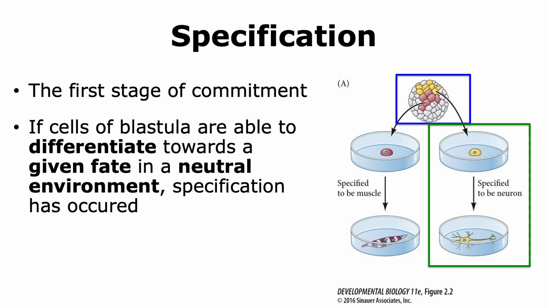Then in this scenario, that cell has undergone the process of specification because it has begun the process of becoming a neuron. Thus, in the case of specification, if a cell that is in a blastula is able to differentiate towards a given fate when it is in a neutral environment, then we say that specification has occurred.